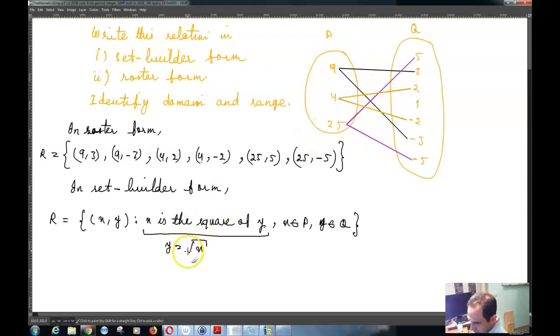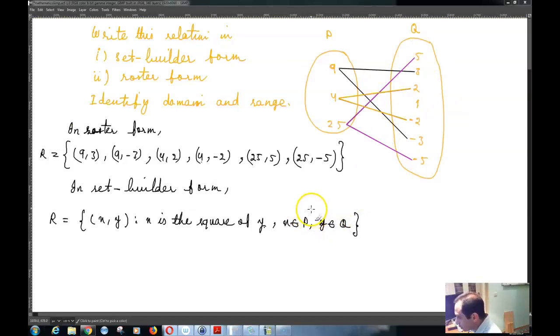Of course, this is not the principal square root, just the square root relation, meaning that in this definition the square root of 9, for example, would be plus or minus 3. Now to get rid of the confusion, you can just simply write it as x is the square of y. So that way you can write it.